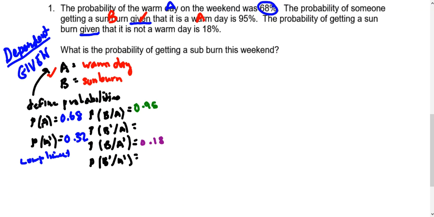How I got the 95% for B given A: it says it right in the question, B given A is 95%. I want to make it green. From here, the 18%, it says getting a sunburn, B given A prime. That's where I got that from.